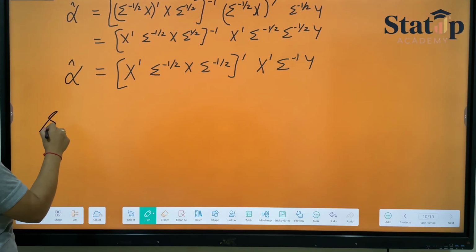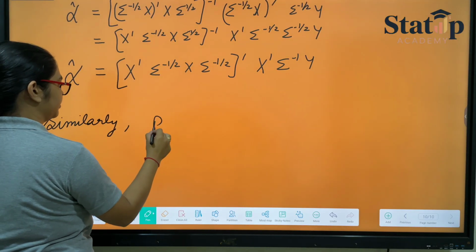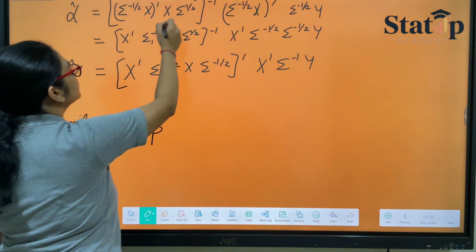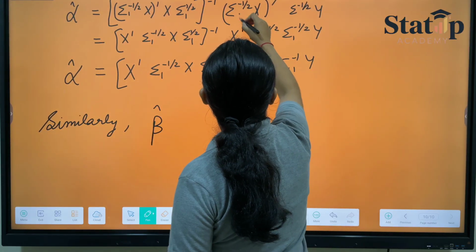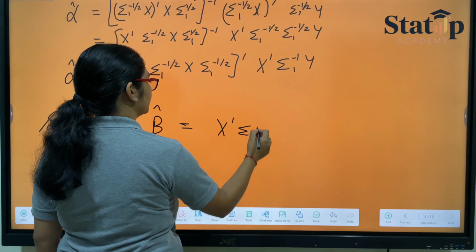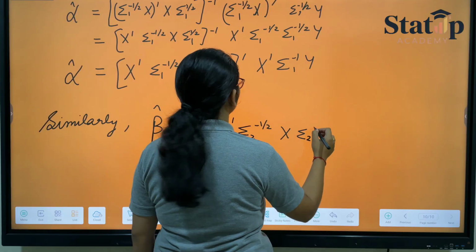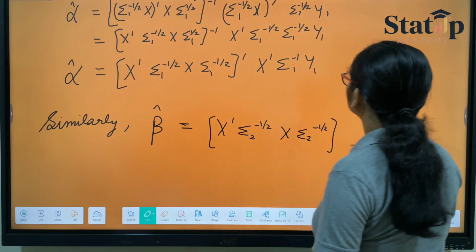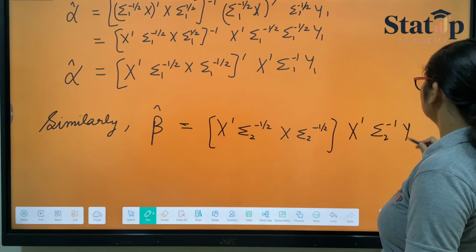And similarly, we can calculate beta cap. This is sigma 1. And beta cap will come out to be (x dash sigma 2 raised to the power minus 1 x) inverse x dash sigma 2 raised to the power minus 1 y2.